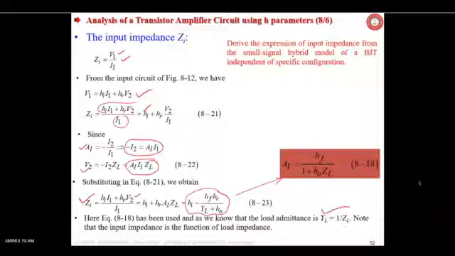YL is taken as 1 upon ZL. This is also another point which has been considered. To put here, YL was becoming 1 upon ZL, so YL, conductance, has been written. Yes, Harsh Tripathi, is it understood?